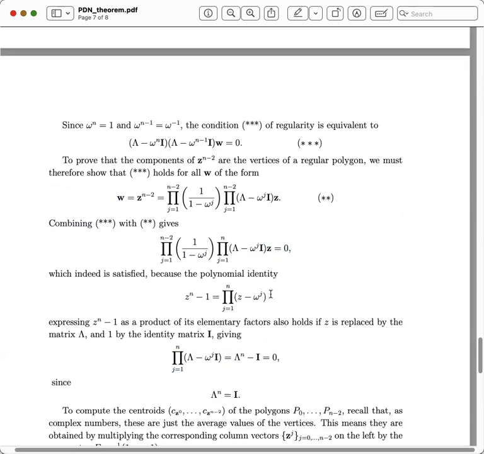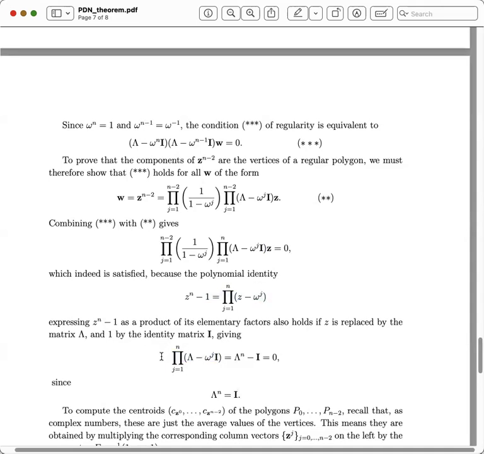So that identity is true. But this is true for any symbol z which commutes with 1. So we can take this expression and replace z by lambda, giving this expression, where lambda has replaced z and the identity matrix has replaced the number 1 multiplying omega to the j.